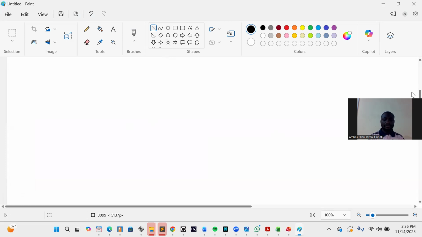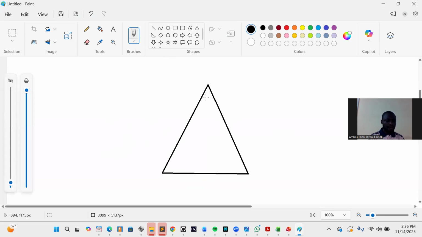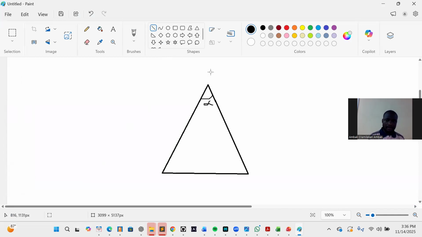So these are prisms. Just put your apical angle, and then the rays are coming from there.